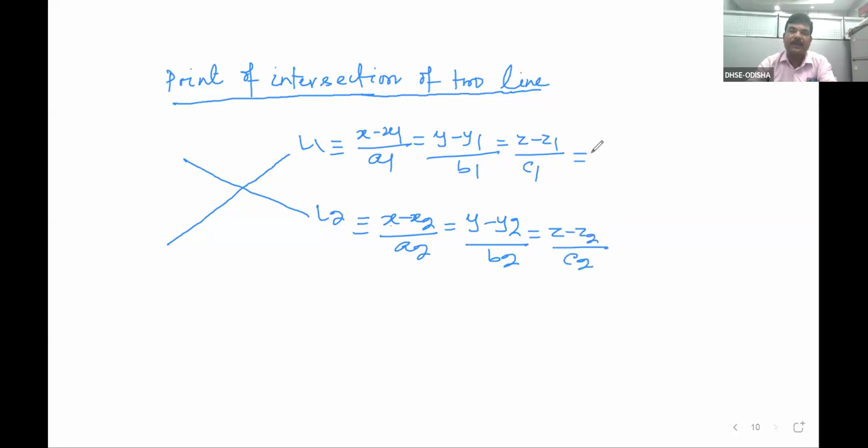Let this proportionality constant be r1 and this proportionality constant be r2. So this is suppose the point of intersection P.